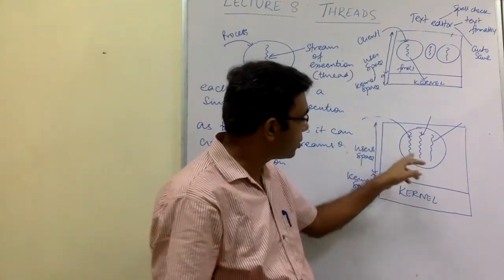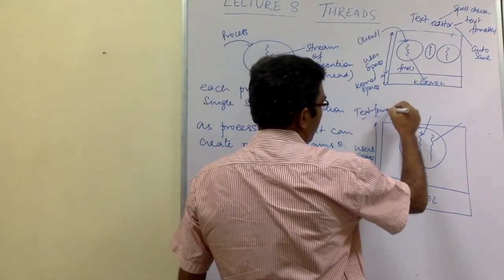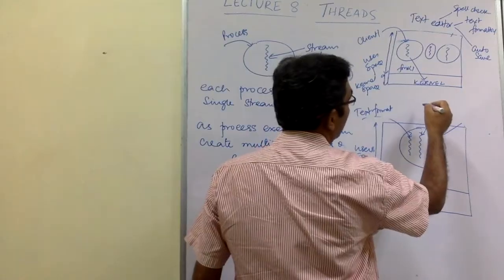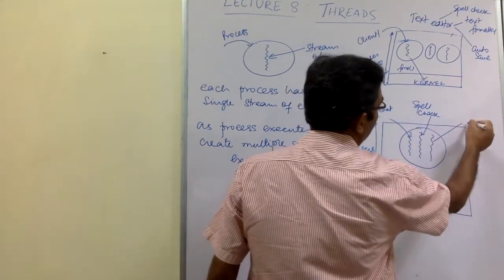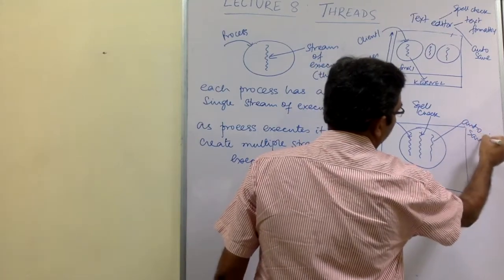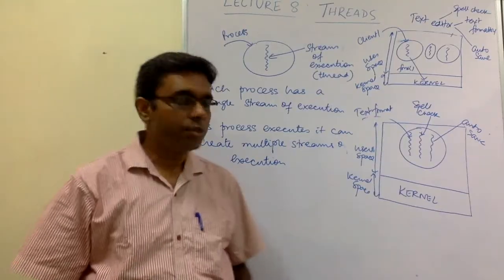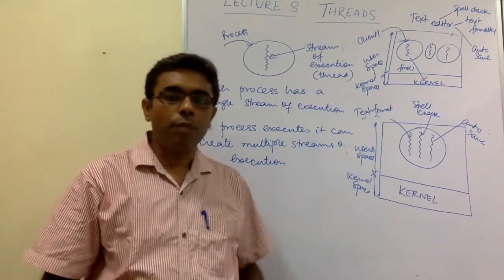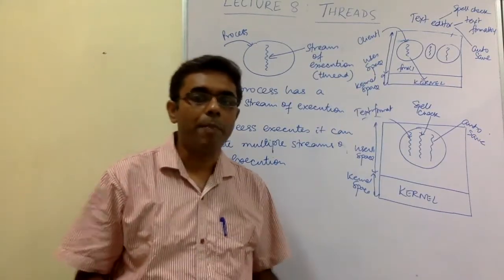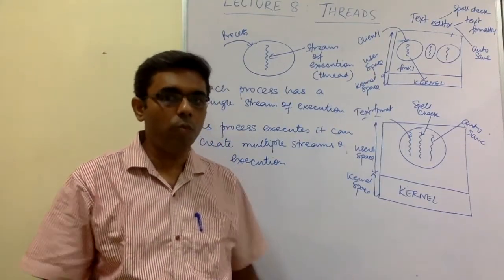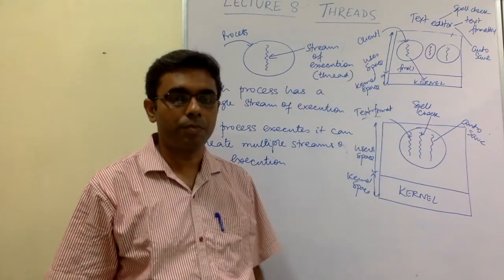That is 3 threads, and you divide the 3 different works and allocate them to each one of those streams. So you see, by making use of this multiple thread concept, you can bring about parallelism. All these 3 works can be executed in parallel by these 3 streams.